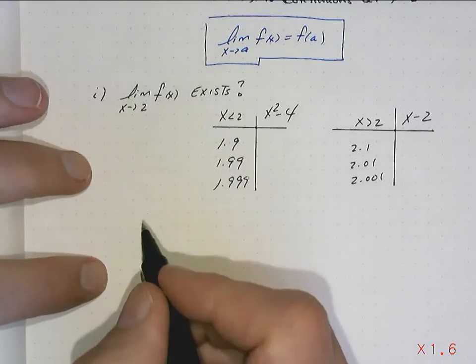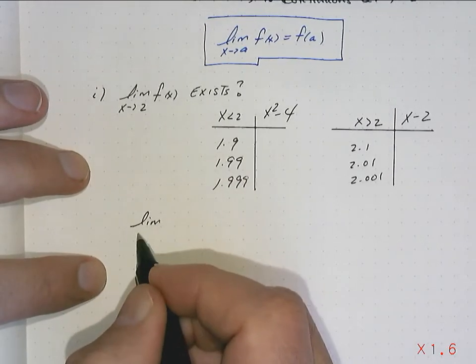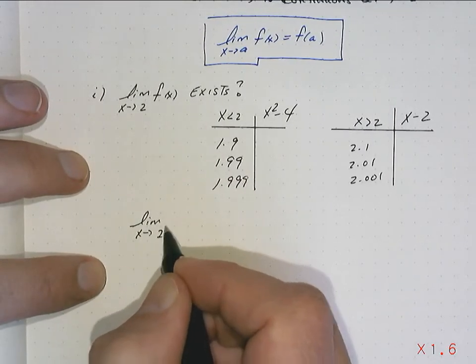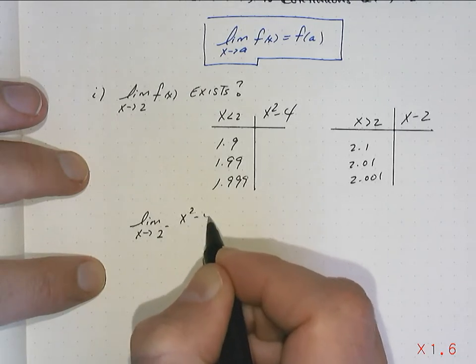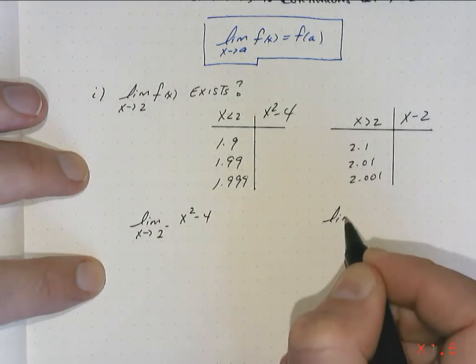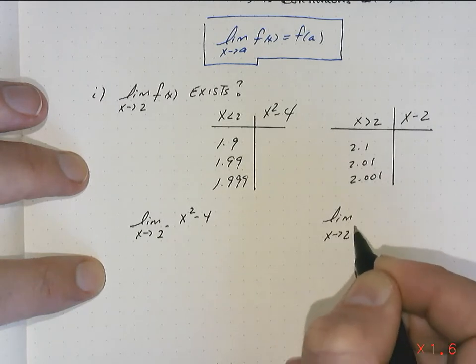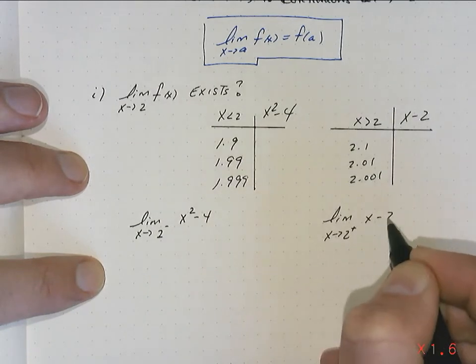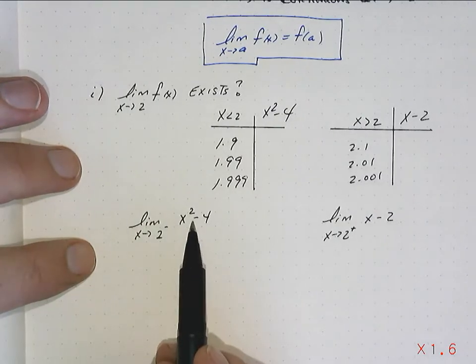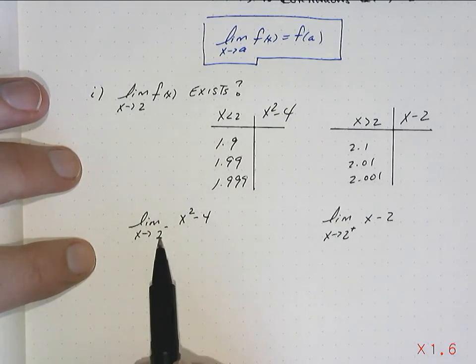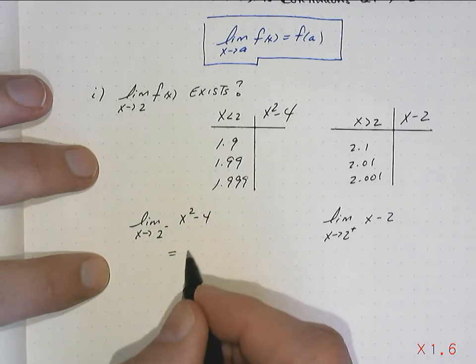Or I could do this. And I can use the mega property because this is a polynomial, isn't it? I can take a value and plug that in, and I notice I'm going to get 0.